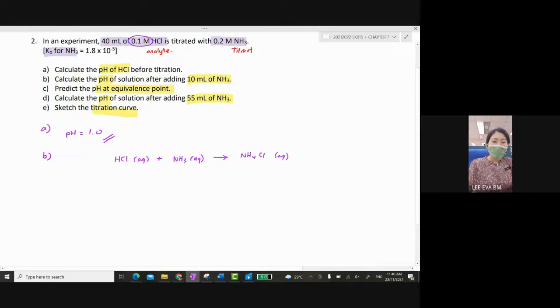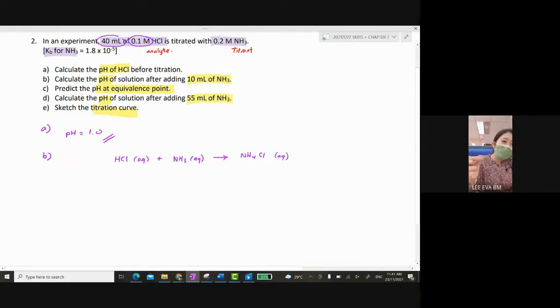Okay. So recall back when we were doing the buffer. If there are changes in volume, what happens to your ICE table? Use mole. Use number of mole. That is the quickest way lah. Because if you look at this one, initial volume is 40.